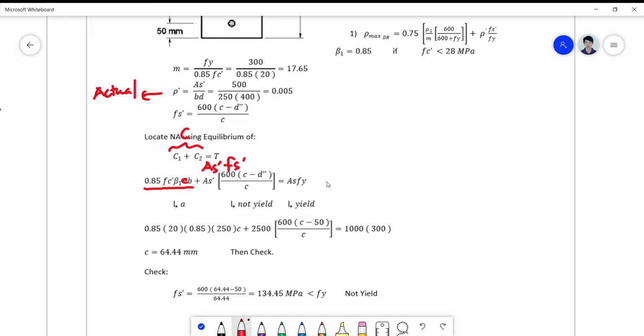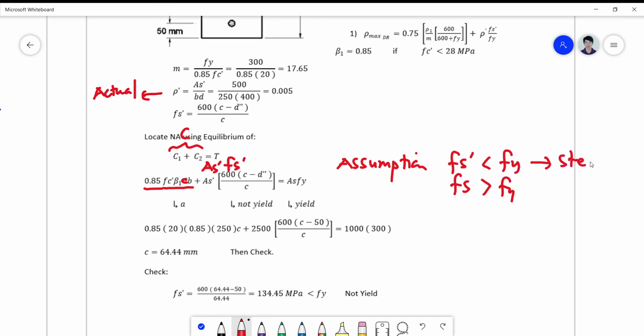The assumption here is that you have to begin with an assumption that your fs prime is less than fy, and your fs is greater than fy, which means that the steel here in compression does not yield, while the steel here in tension yields.